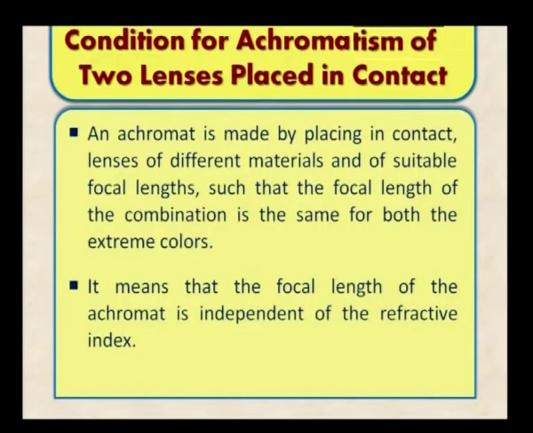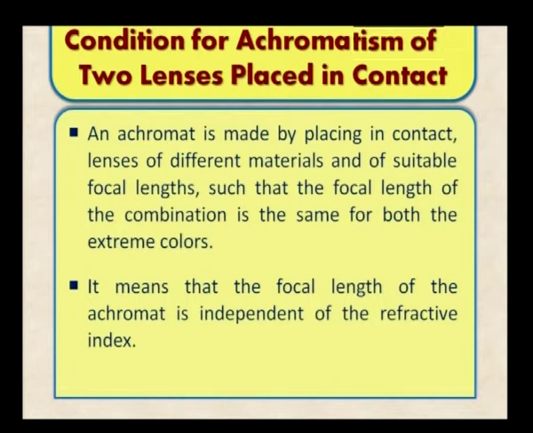So, you can combine two lenses made of two different materials, and you have to combine them in such a way that Fv minus Fr becomes equal to 0. Okay. So, let us now pass on to the condition for achromatic combination.